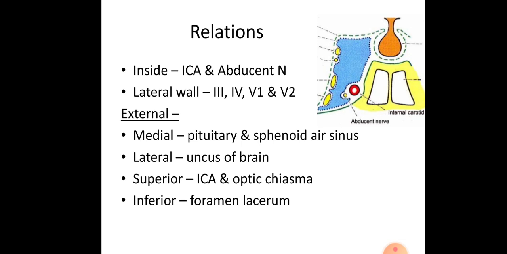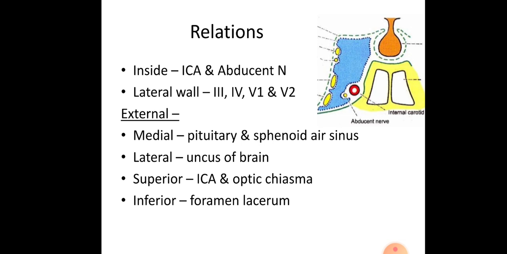When you're talking about the relations, you should divide this into three groups. One is seen inside as a content of the cavernous sinus. Second one, the structures seen in its lateral wall, between the endothelium and the dura mater. Then third is the external relation, outside.